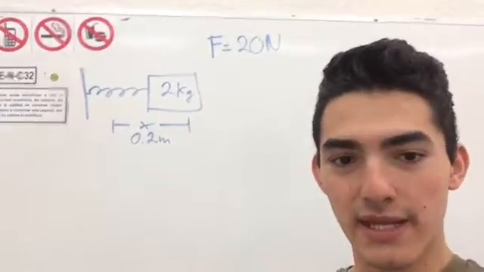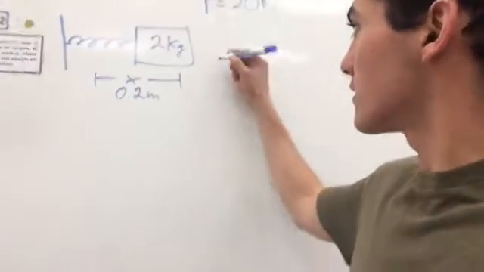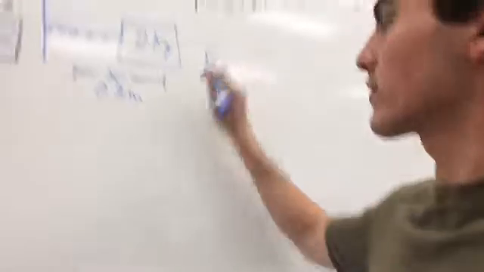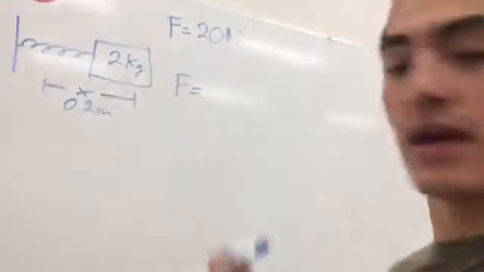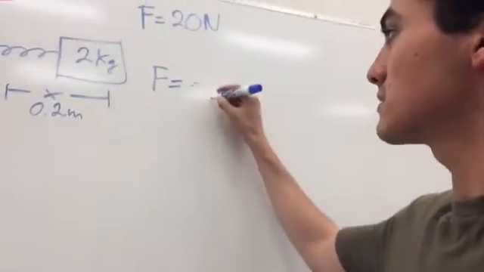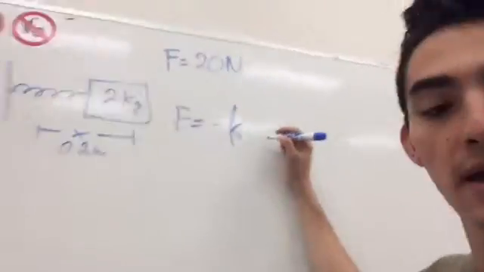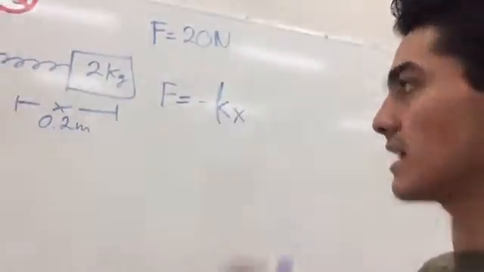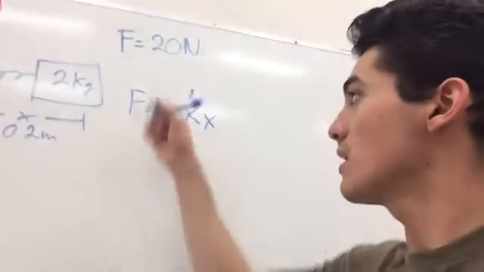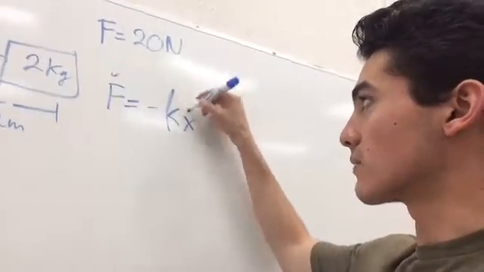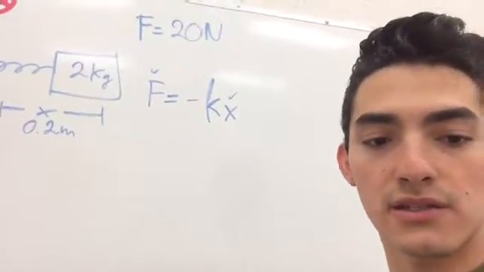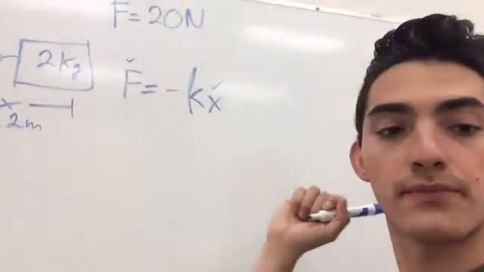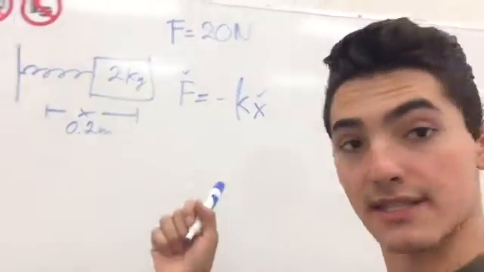For finding it, we know that the formula for the force in a spring's oscillation is minus the constant times x. We know the force and we know x, but we are asked to find the constant.